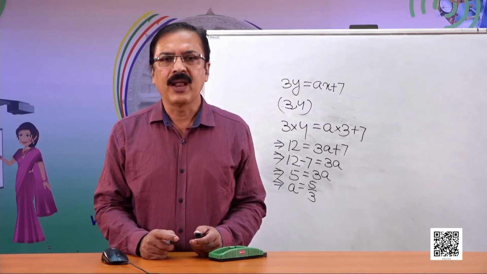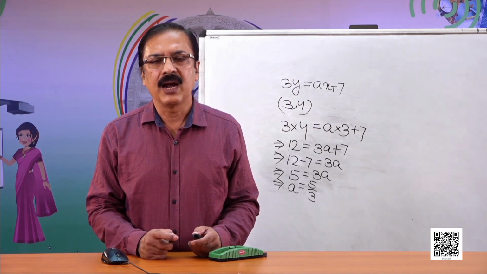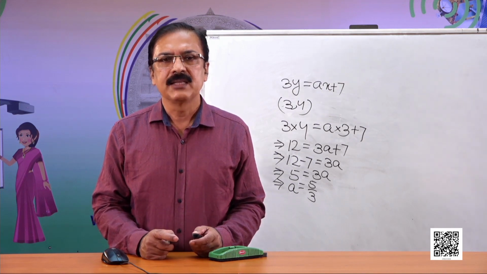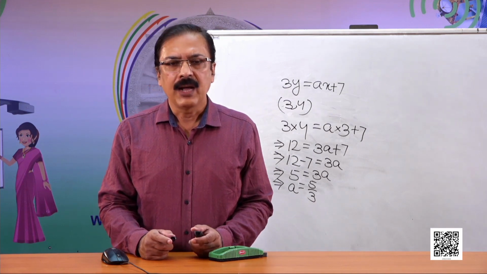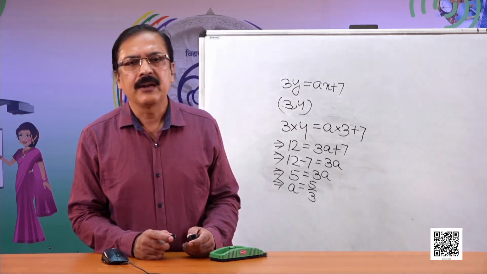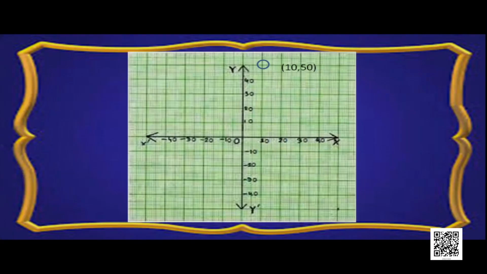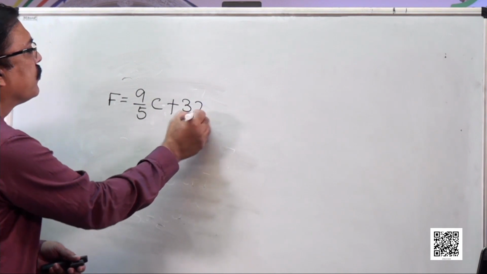If we put the values of centigrade on the x-axis and the values of Fahrenheit on the y-axis, then we can plot the graph. As you know, here we can have a point 10, 50. Let's see whether F is equal to 9 by 5 C plus 32.